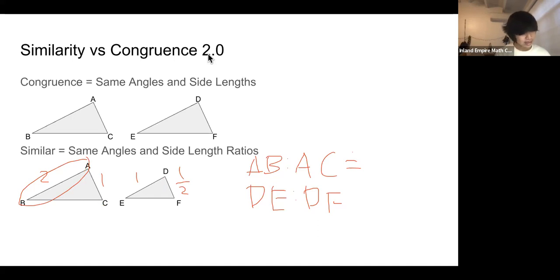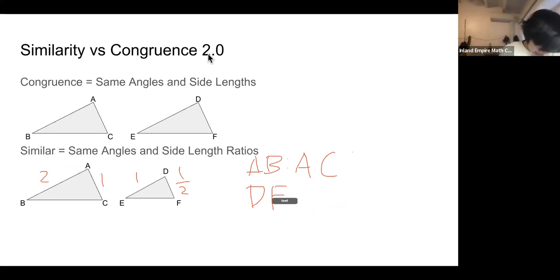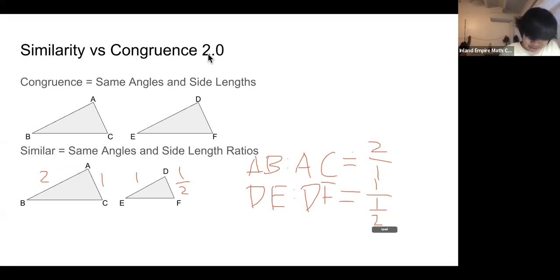And if we want to prove it in this case, we can look at the fact that AB to AC is equal to 2 over 1, and DE to DF is equal to 1 over 1/2, which is actually the same thing as 2 over 1, because if you multiply the denominator and the numerator by the same number, it's not going to change it.